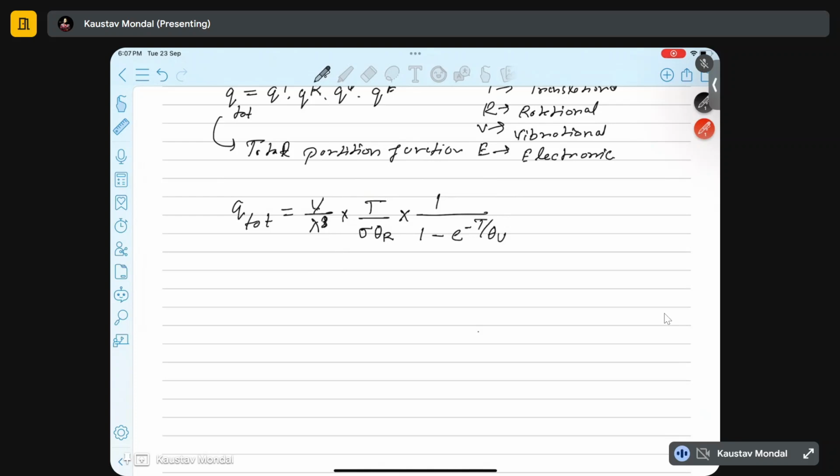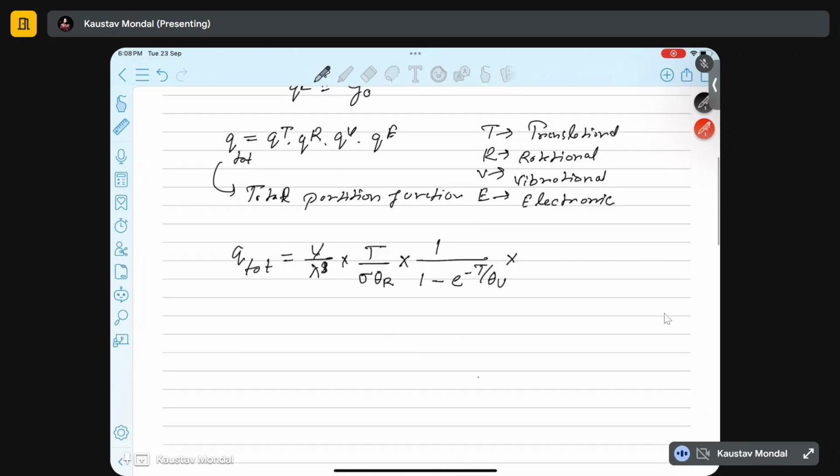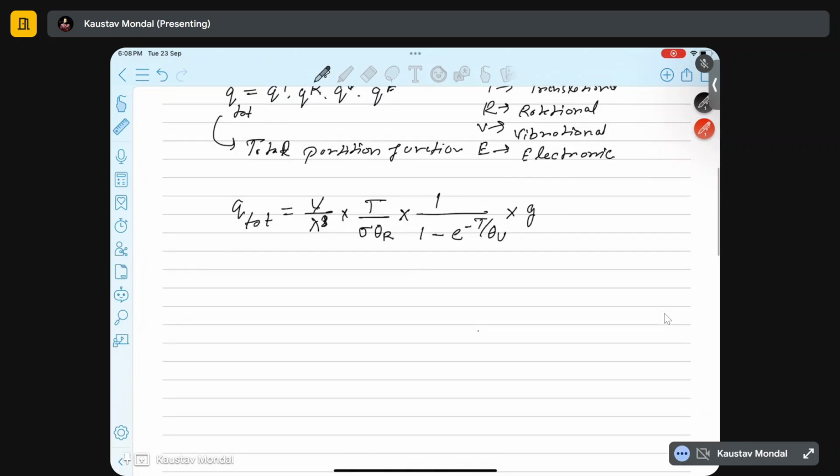Last comes the electronic contribution, and as you know, only the degeneracy of the ground state contributes to the total partition function, so the electronic part is simply g. So this is the total partition function.